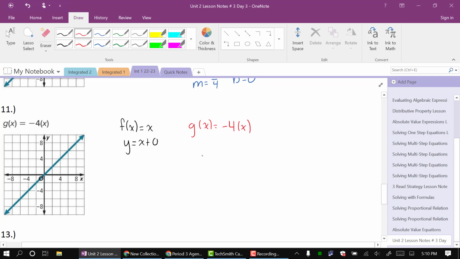Since it's outside, this is going to be a reflection across the x-axis. My a value, again, the negative is part of the reflection, so my a value for this problem is actually going to be 4.